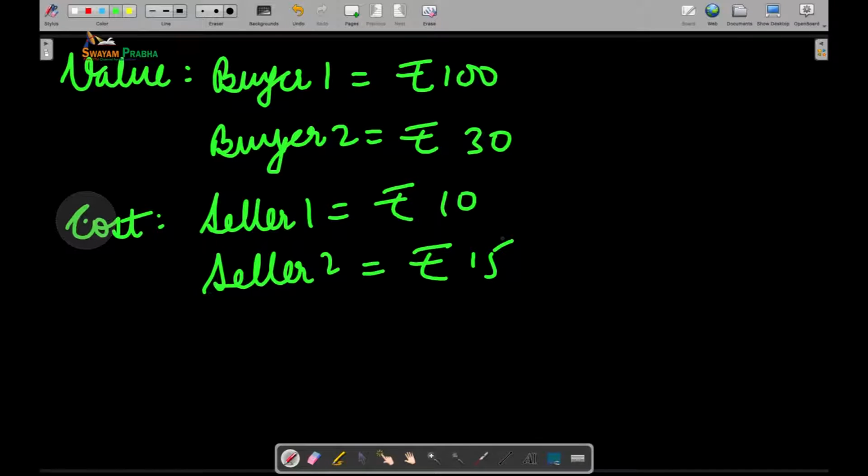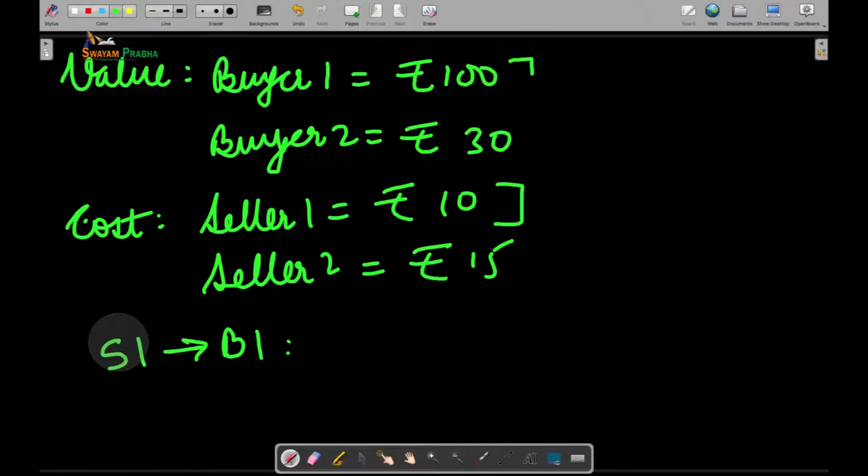Now in this case, if the good goes to buyer 1 and comes from seller 1, what we are saying is the good is going from seller 1 to buyer 1. So in that case, because seller 1 has the minimum cost and buyer 1 has the maximum value, then the total surplus is 100 minus 10, which is 90 rupees.